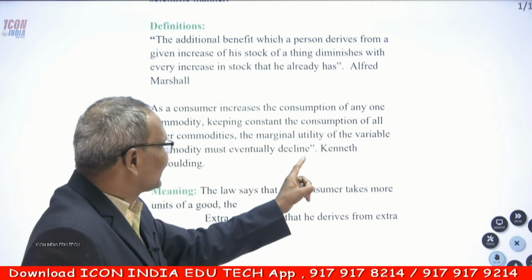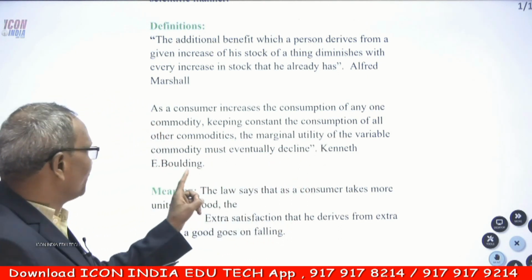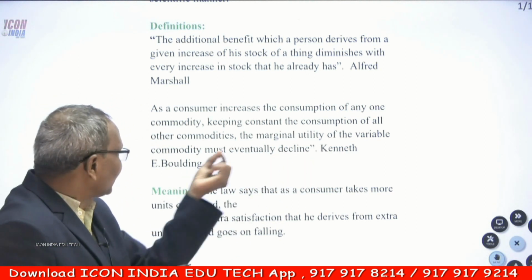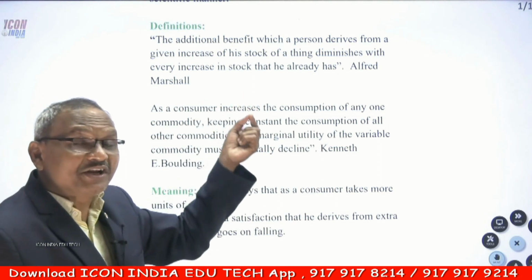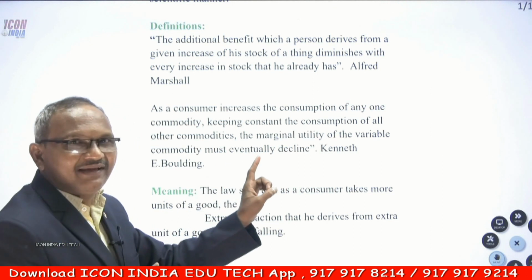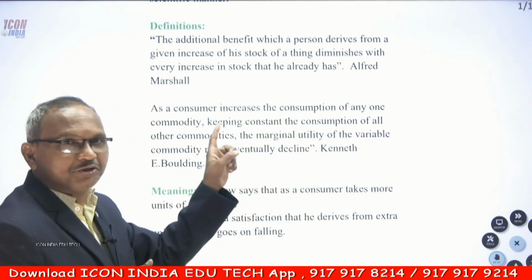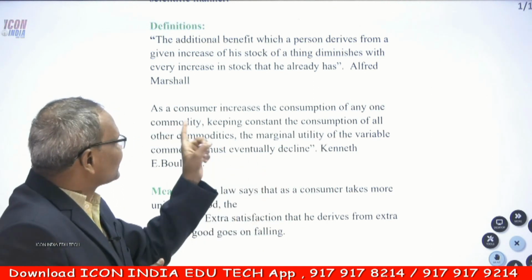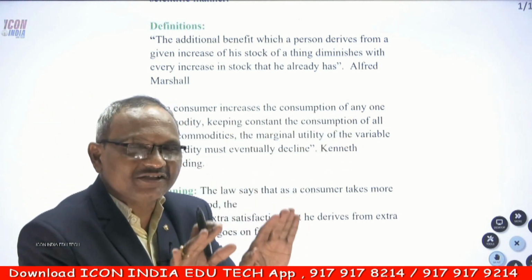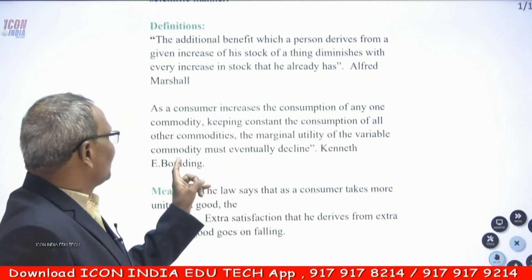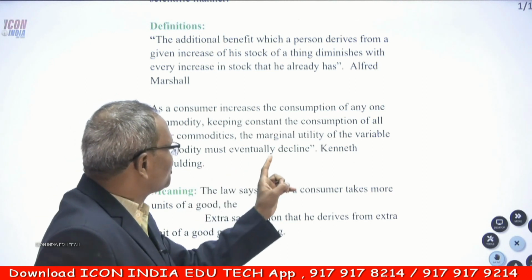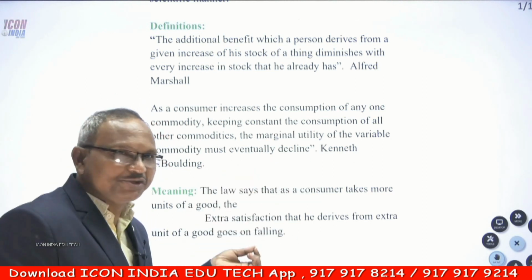must eventually decline. Kenneth E. Boulding. So this is a definition given by Kenneth Boulding. The earlier definition was given by Alfred Marshall. Now the meaning of the Kenneth E. Boulding definition of this law. As a consumer increases consumption of any one commodity, keeping other commodity consumption constant, the marginal utility of the commodity must eventually decline. Eventually means gradually.